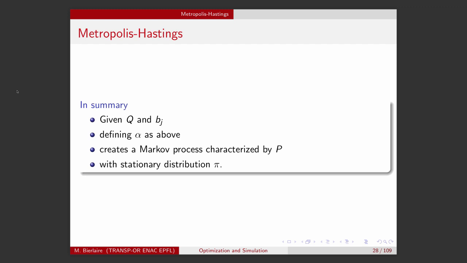Given these two elements, I define alpha, as we have seen, and then we create a Markov process that is characterized by capital P. So we generate a candidate from Q, and we decide, thanks to alpha, if we keep it or not. And this Markov process will have a stationary distribution, pi. This is exactly what we need. Therefore, when this Markov process has reached stationarity, it will give me the draws from the target distribution, as requested.